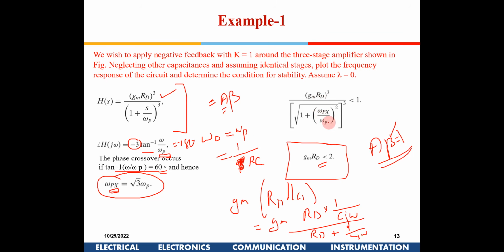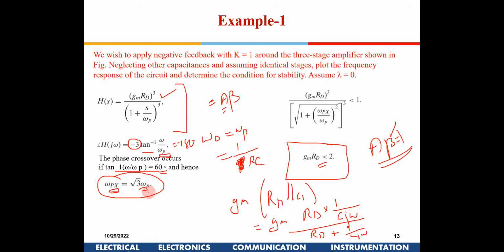Sir, one question, why are we computing the gain should be less than 1 here? Because when for this frequency the phase is making 180, and if the system has to be stable, for that condition the gain has to be less than 1, otherwise it will not be stable.